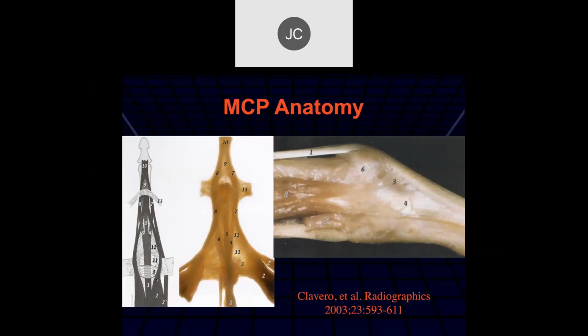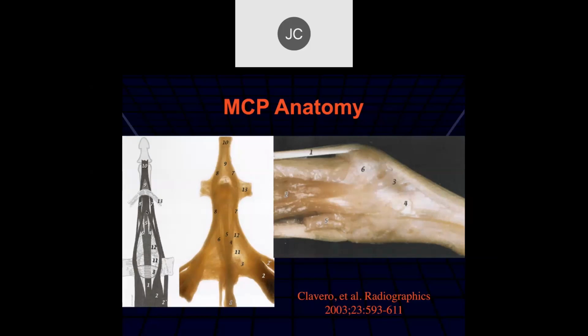Here you can see the interosseous muscles over here and the tendons extending distally from them. We can see the extensor tendon, which comes over the top of the distal metacarpal head at the metacarpophalangeal joint, where it's held in place by the sagittal band that we're going to talk about. But then more distally, you can see that it breaks up into three components.